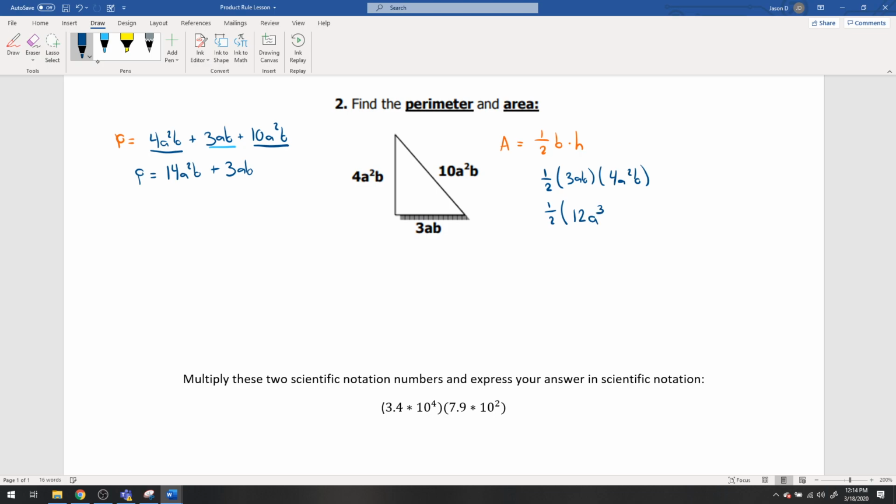A to the third power, because of a times a squared. Remember that there's an invisible 1 exponent if it's not shown to you. b times b is b squared. Then you ask yourself, what's 1/2 times this all? Number times number, 1/2 times 12 is 6. And you get 6a to the third power b squared.